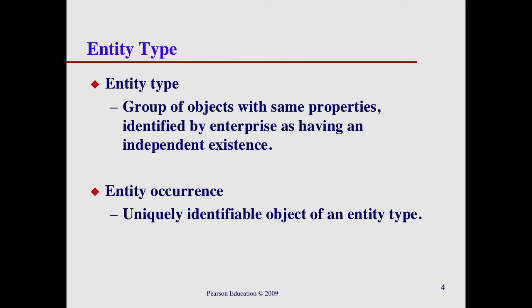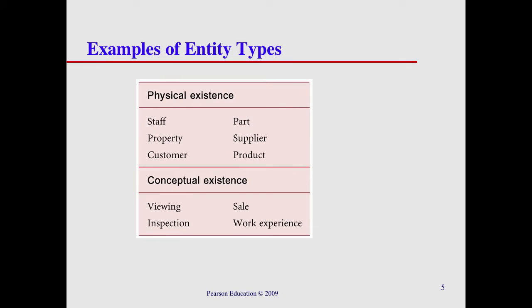And essentially entities map to relations. And so we distinguish between an entity type and an entity occurrence. It's just like in object-oriented programming, we have a class versus an instance of a class, so the same idea. And then we have things that are entities that have a physical existence, like staff or customers or parts.